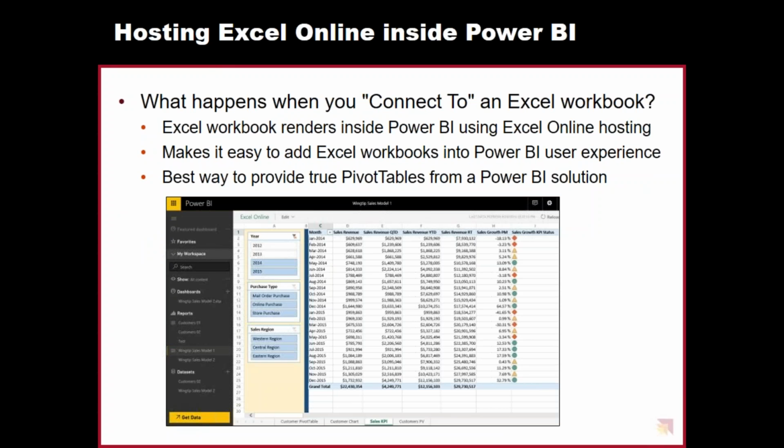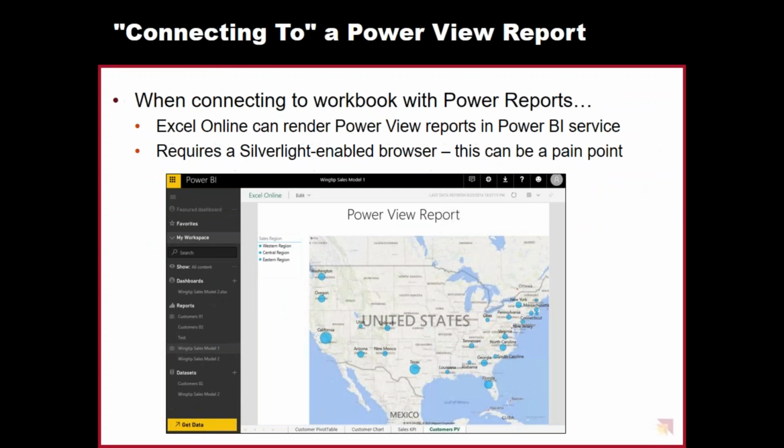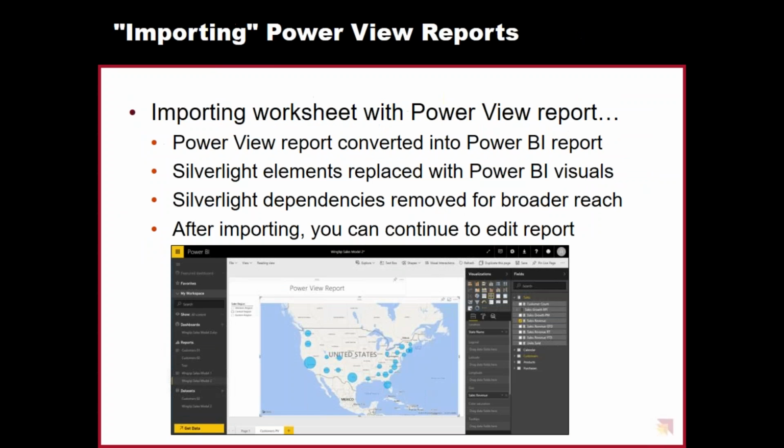So we've just looked at hosting Excel Online inside of Power BI by connecting to a workbook. The next thing we're going to do is an import. With importing, PowerView reports are going to get converted into a Power BI report with no Silverlight dependencies.